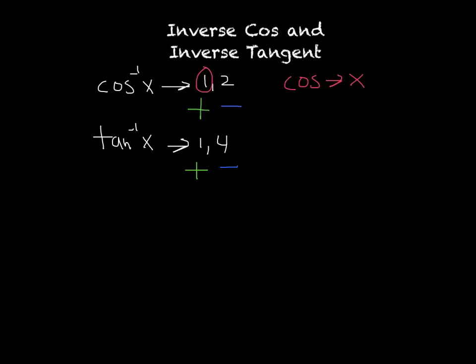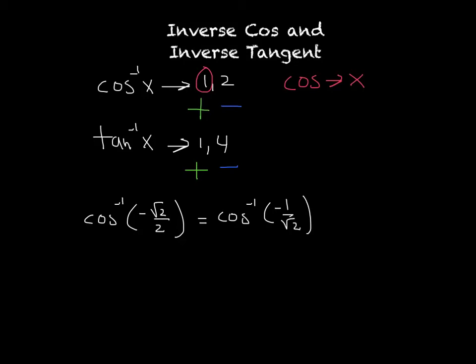Let's say we have the inverse cosine of negative root 2 over 2. All right, so what you want to do with root 2 over 2 is start getting in the habit of rewriting that as 1 over root 2. Now you're saying, Mr. Parr, wait. How do you get that?